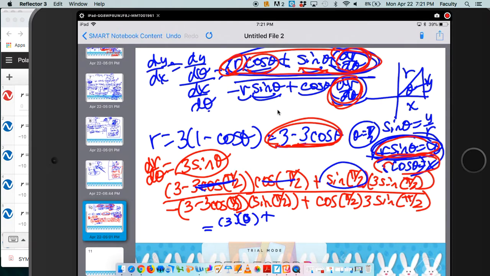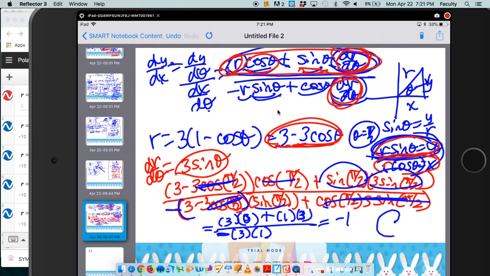Sine of pi over 2 is 1, and this would be 3, over negative: cosine of pi over 2 is 0, so I get 3. The sine of pi over 2 is 1, and this goes off to 0. So I get a slope of negative 1. If you remember my picture, it looked like this. And at pi over 2, I'm not surprised that my slope of my tangent line is negative 1.